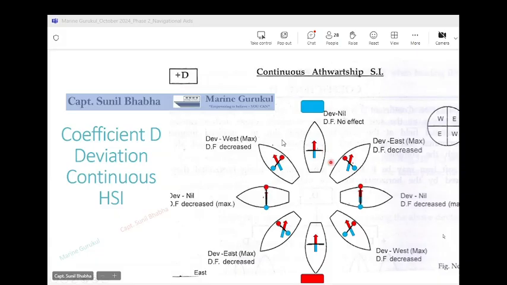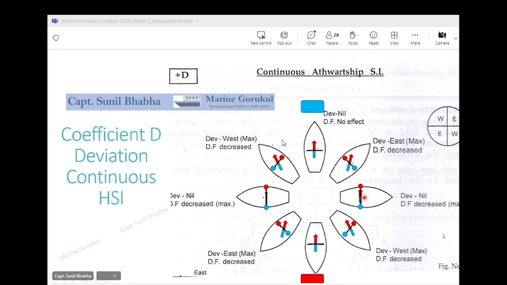Let's now take the ship on an easterly heading. In this part of the diagram, you see the vessel heading in an easterly direction. Now with the ship heading in an easterly direction, this athwartship beam is perfectly aligned with the magnetic field of the earth.